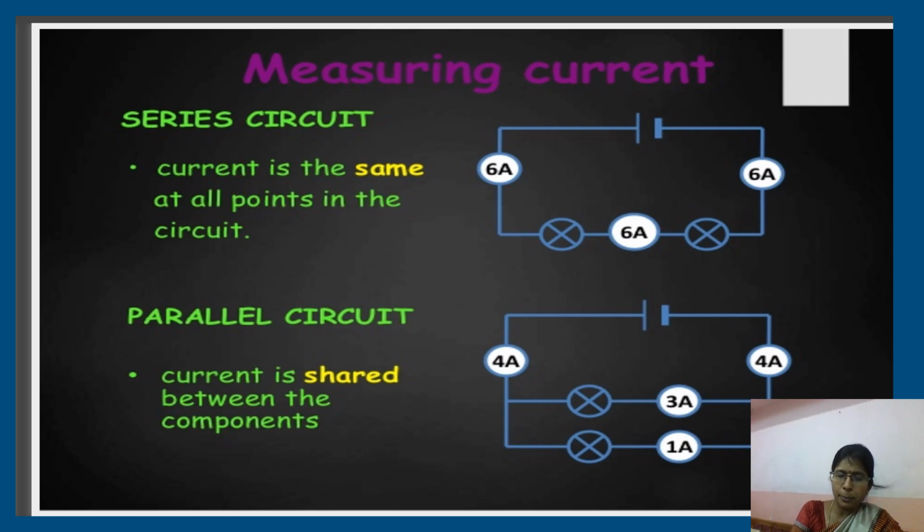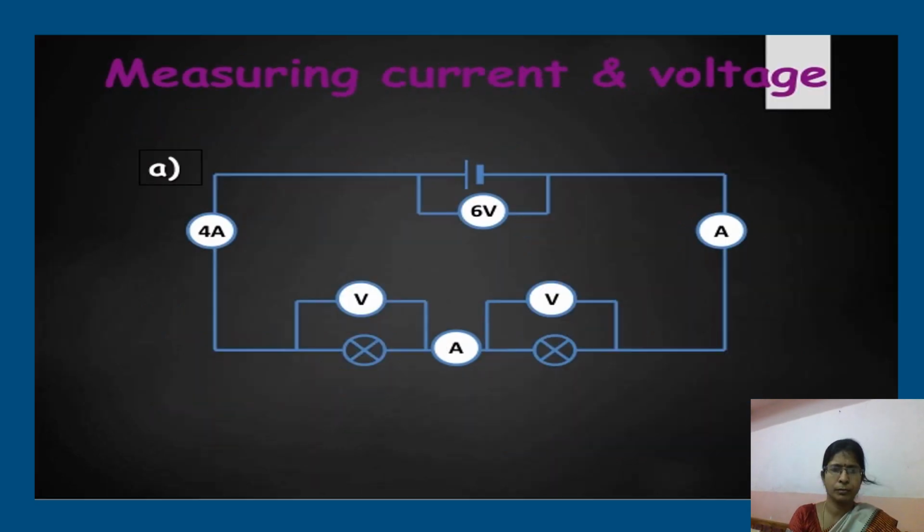And this 4 amperes of current is shared between the two resistors as 3 amperes and 1 ampere. So through the first resistor 3 amperes of current flows and through the second resistor 1 ampere of current flows. So on the whole, the current is shared between the components in a parallel circuit.